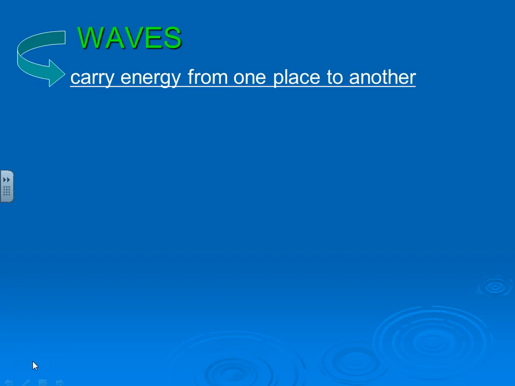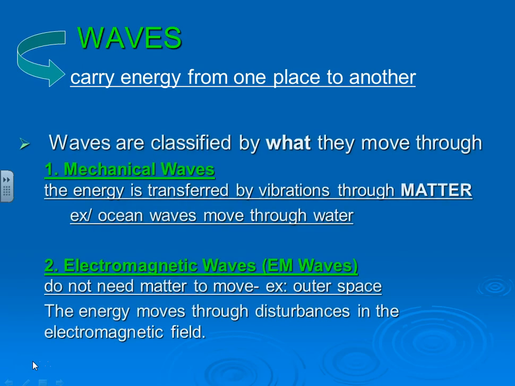I know this is really abstract because you can't see them. You can't see the sound waves that are traveling across the room. But they're there. Waves are classified into two main types, and they're classified by what they move through. Today we're mostly going to talk about mechanical waves. What's really interesting about a mechanical wave is that in order for it to move, it has to attach itself to some sort of matter.